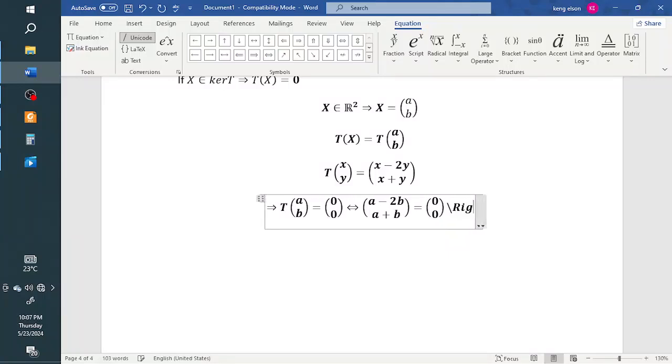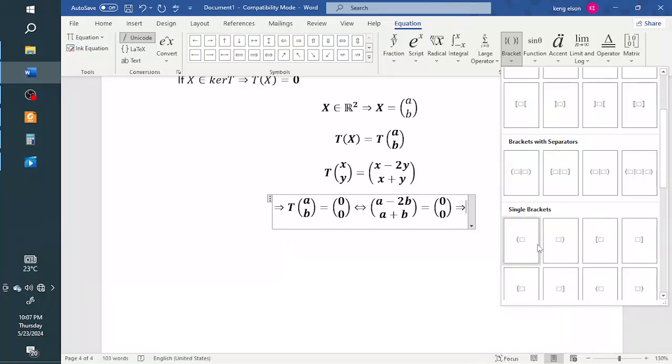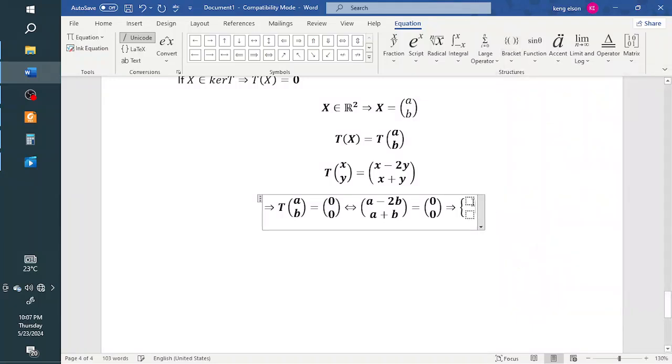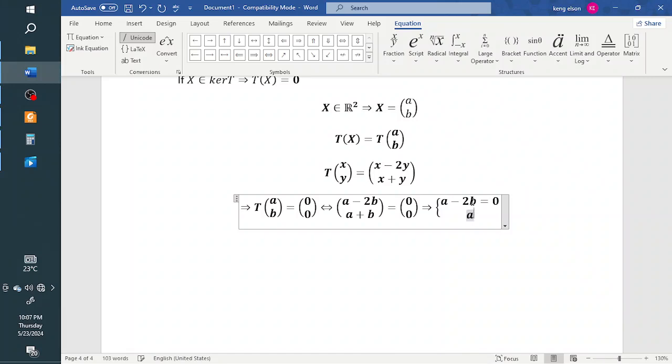So what does this imply? We are going to have two equations. The first equation is that a minus 2b is equal to 0, and the second equation is that a plus b is equal to 0.